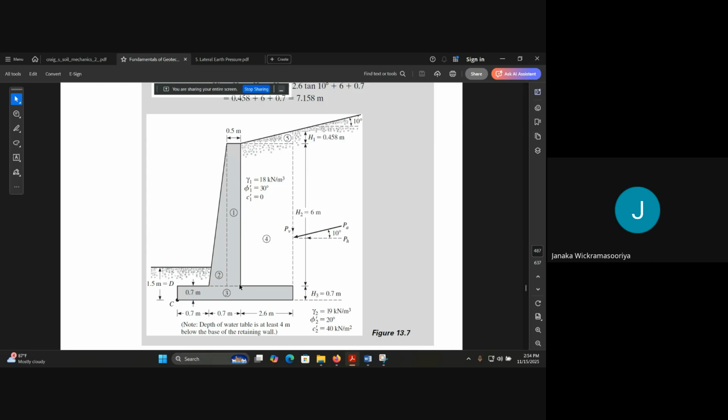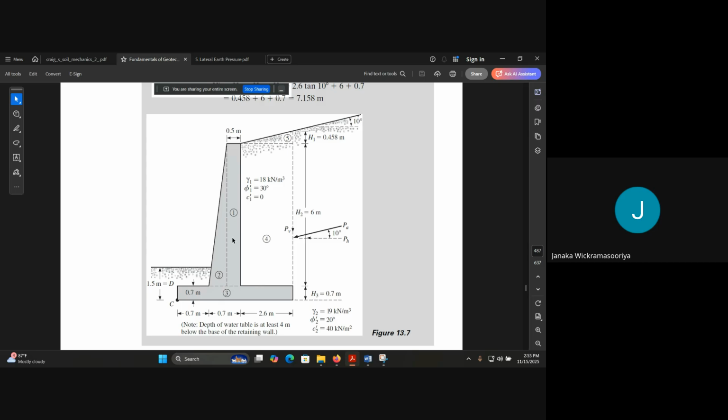Now this rectangle times 1 meter length towards the 3D side, and section 3 is again a rectangle. Section 4 again a rectangle, and 5 is a small triangle. So the whole dimension is divided into simplified shapes, so that we can easily find the area and the line of action or the centroid.